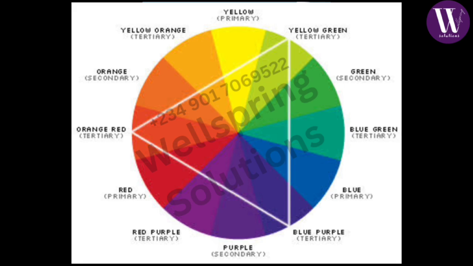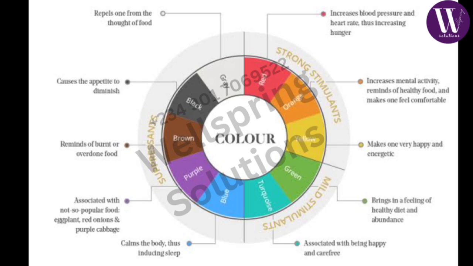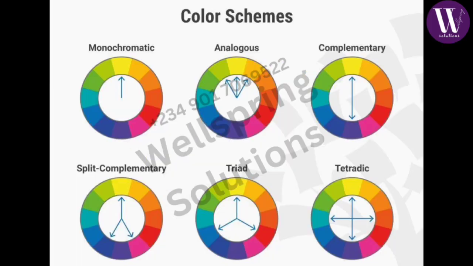A color scheme refers to the way or pattern in which colors can be combined, leveraging their different arrangements on the color wheel. Examples of color schemes that we have are monochromatic colors, split complementary colors, analogous colors, triadic colors, and tetradic, which is the double complementary colors, and so on.